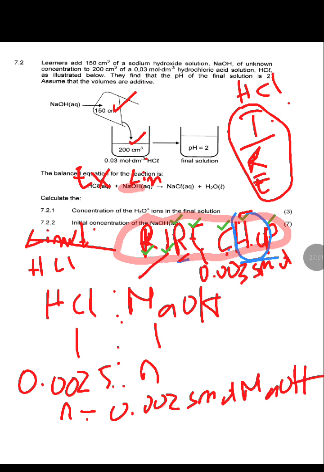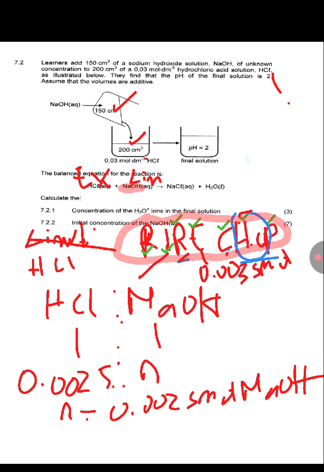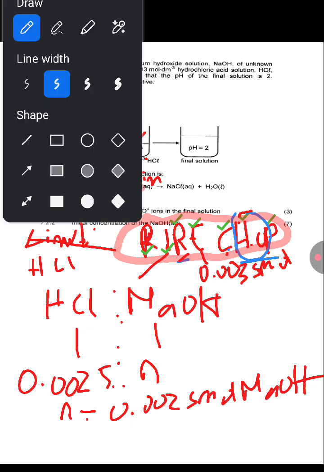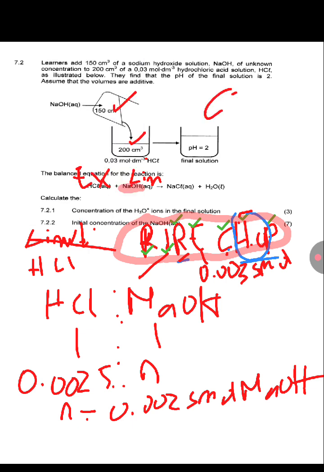Now, if I got the number of moles of NaOH and I also have the volume, then I can calculate the concentration, right? So I know that concentration is equal to number of moles divided by volume.